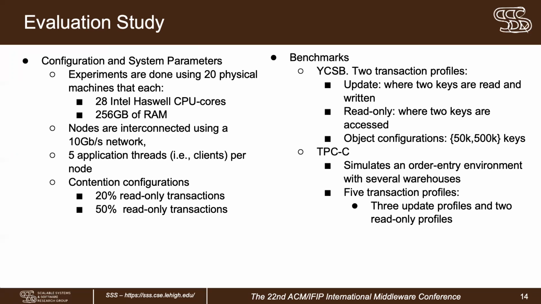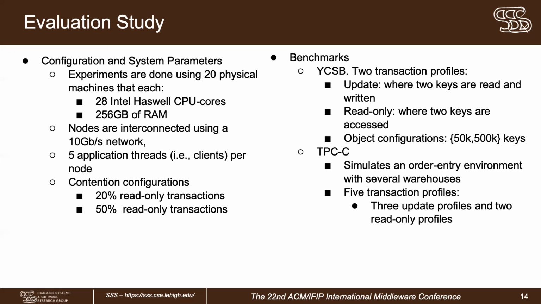We use two types of benchmarks, YCSB and TPCC. In YCSB, we have two transaction profiles, one for update, one for read-only. In update transactions, we read 2 keys, and those keys also are written. In read-only transactions, only 2 keys are accessed. We configured YCSB one time with 50K keys, another time with 500K keys.